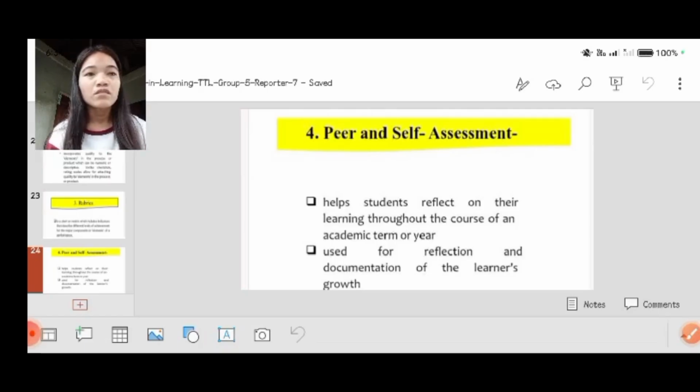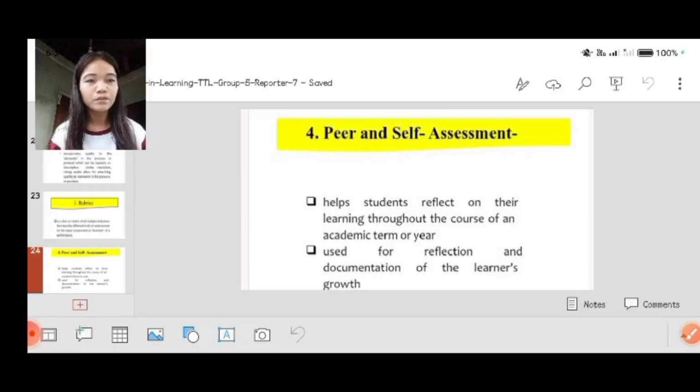So, lastly, peer and self-assessment helps students reflect on their learning throughout the course of an academic term or year. It is used for reflection and documentation of the learner's growth.